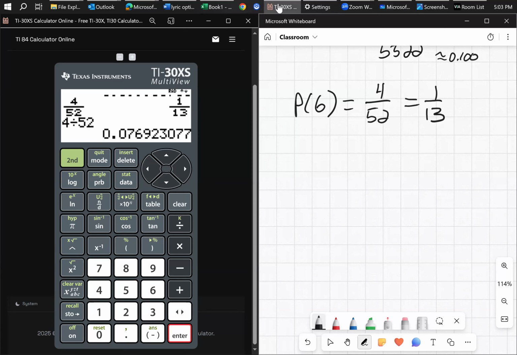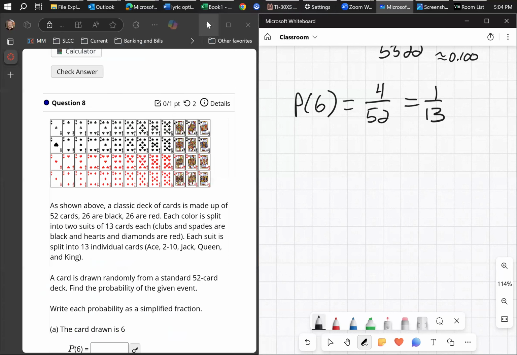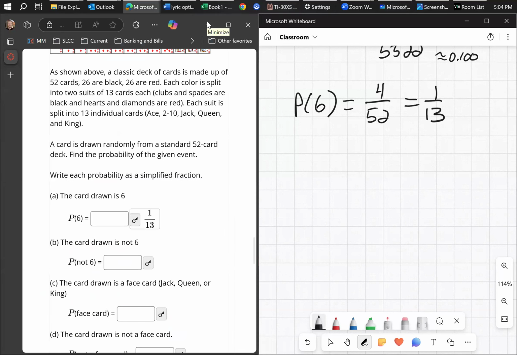Search for this button, the F arrow arrow D. Of course, we have a shortcut arrow arrow on this one, but you might not, but you should have that button. And it'll again have reduced your fraction for you. Okay, so 1/13, 1 out of every 13 cards is a 6.